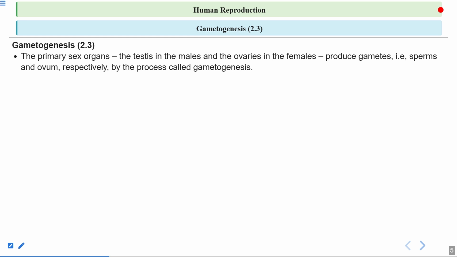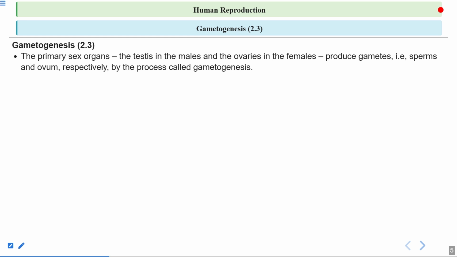Now, what is the site of spermatogenesis? Where are these sperms produced? Obviously within the testes, but where within the testes? We have already studied, when we studied the male reproductive system, that the testes have testicular lobules, and within these lobules, seminiferous tubules are present.